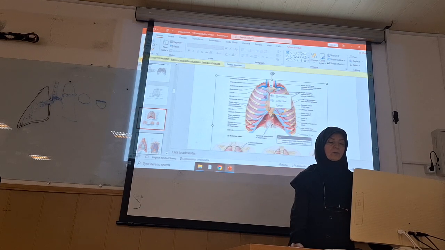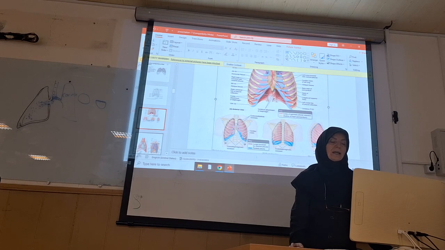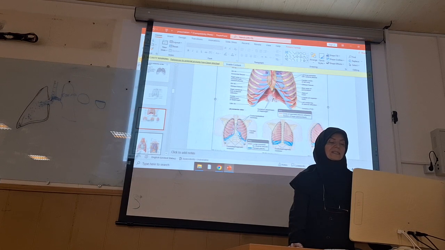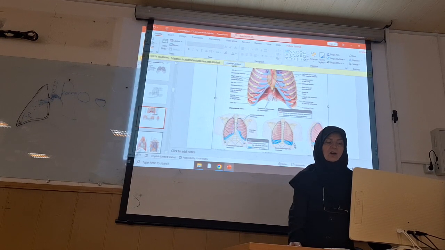And if you look at this picture, you can find that anteriorly, posteriorly, and laterally, we are able to show you this blue space. This blue space is going to remind you that the pleural sac is larger than the lung.